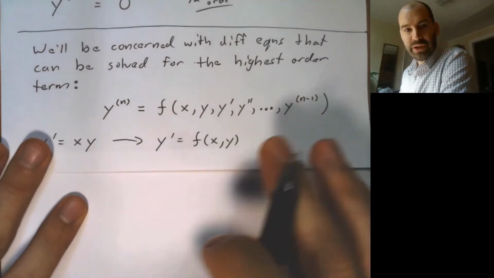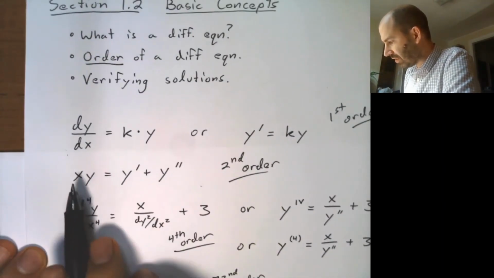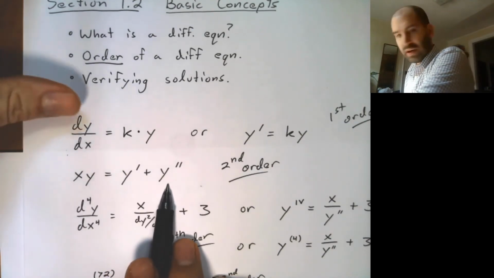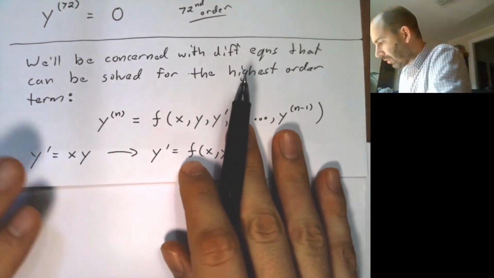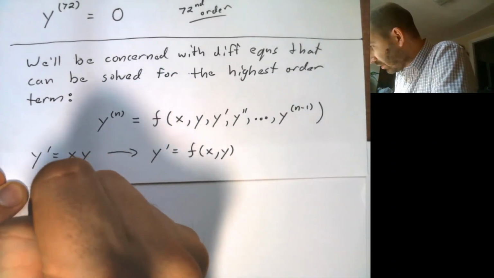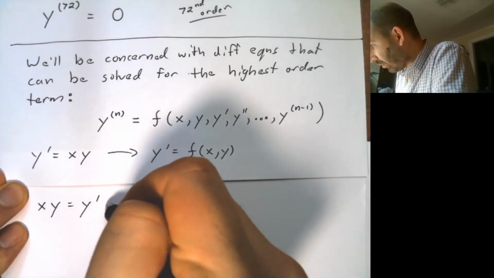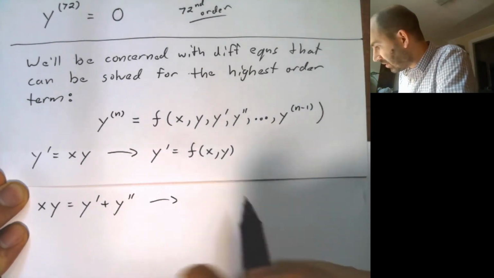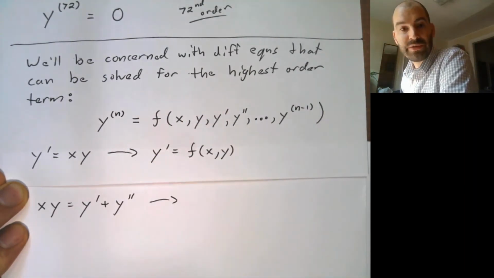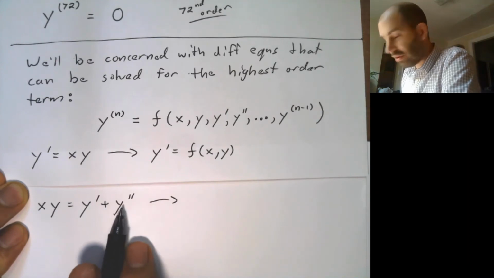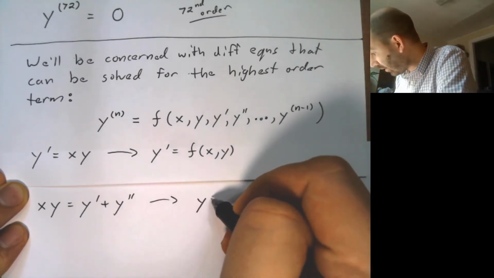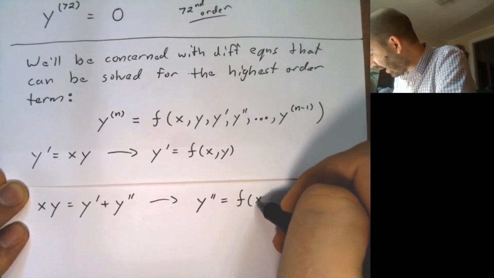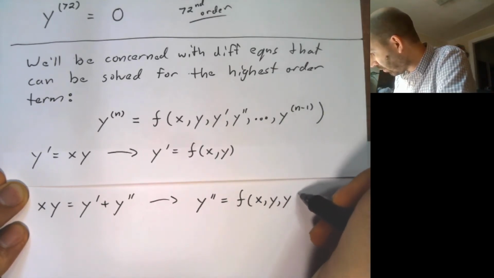What else can we look at? Some of these other examples, like this one over here, the second order differential equation. Let me write that down again. So xy equals y prime plus y double prime. If I solve this for the highest order derivative, that's y double prime. What do I get? I get y double prime equals a function of x, y, and y prime.